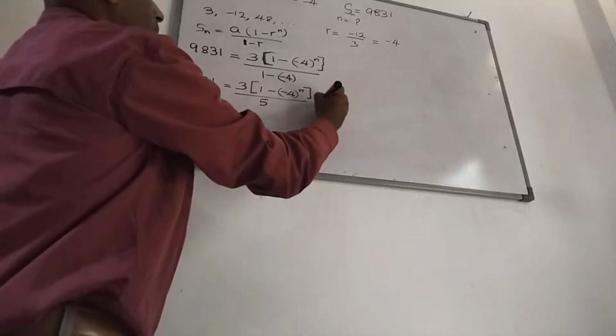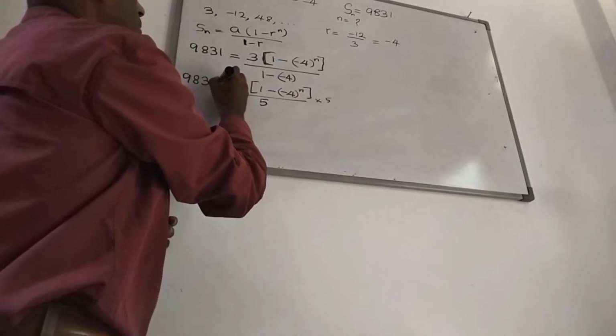Then multiply both sides by 5. This side also 5.